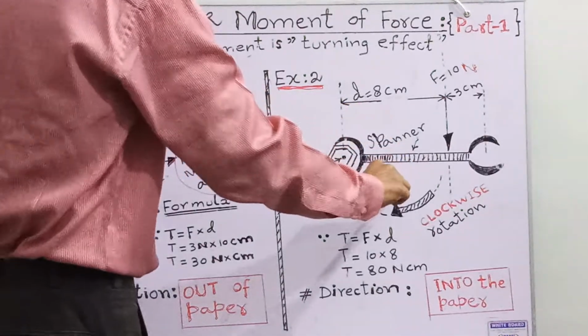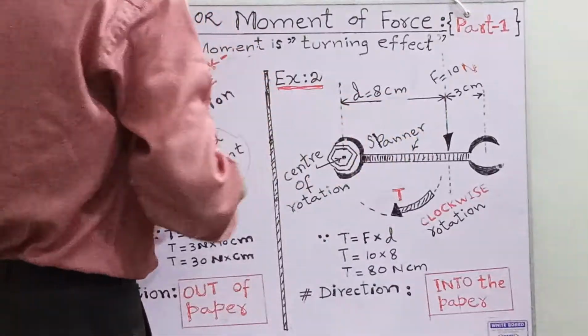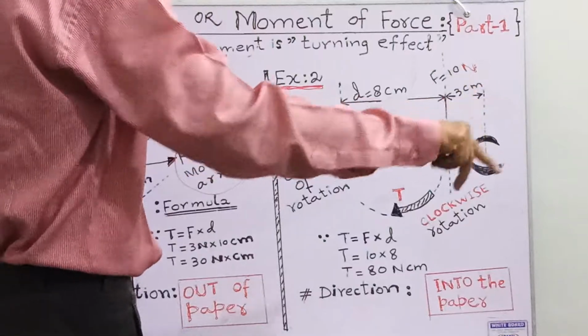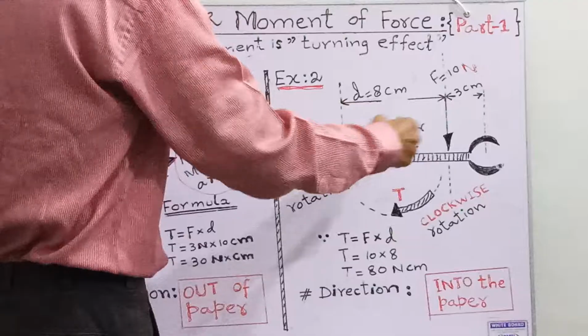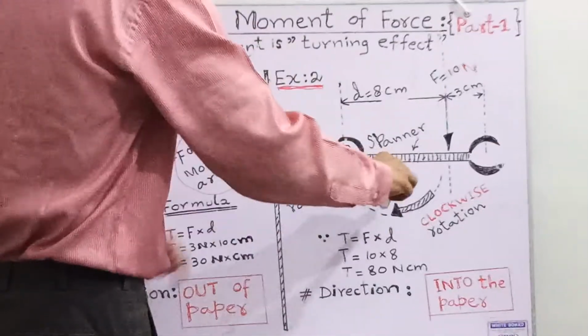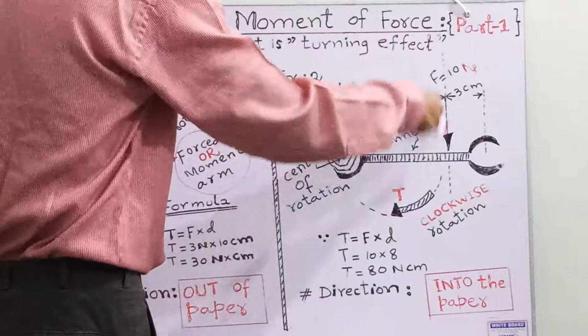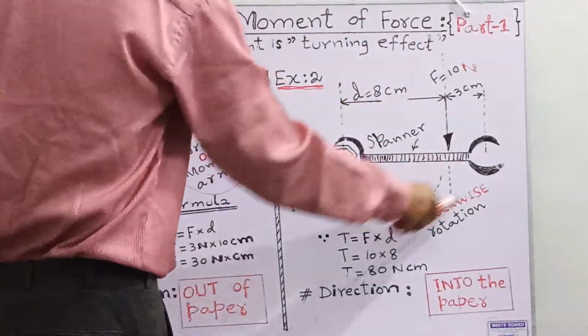If you imagine how the hands of a clock rotate, you can find that this rotation of the spinner is in the similar direction, and it is called clockwise rotation.